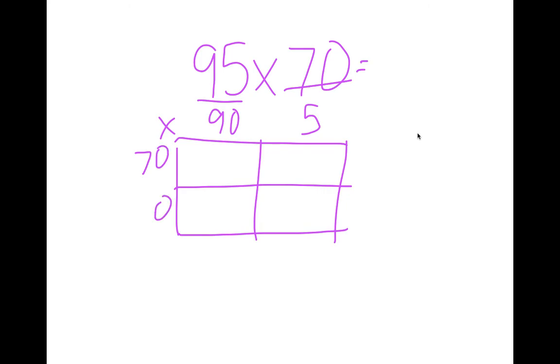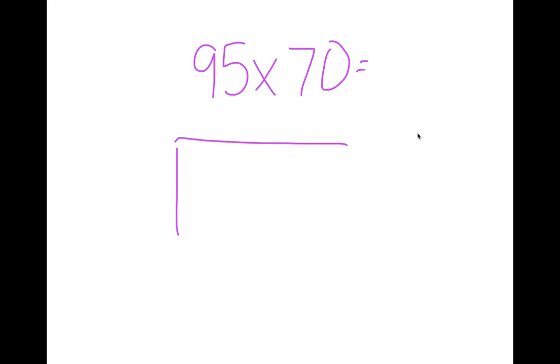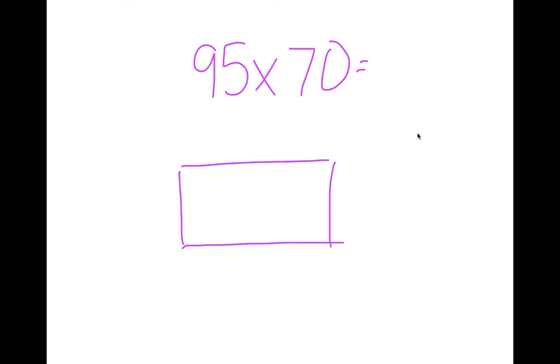So essentially, actually, if one row is 0, then you don't even need that row. So instead of 4 quadrants, it'll just be 2. 90 and 5, 70.